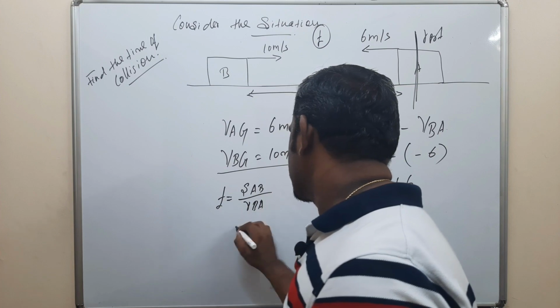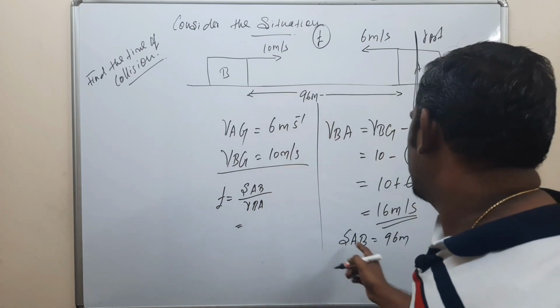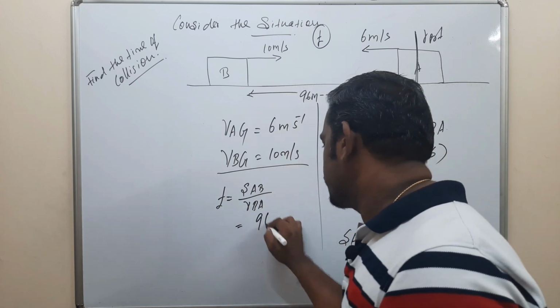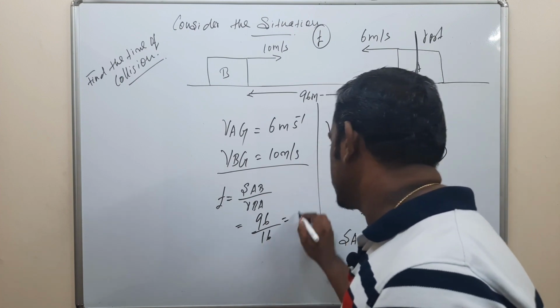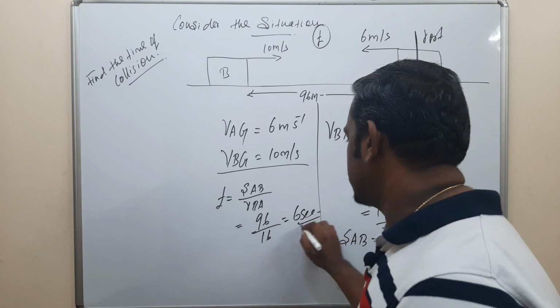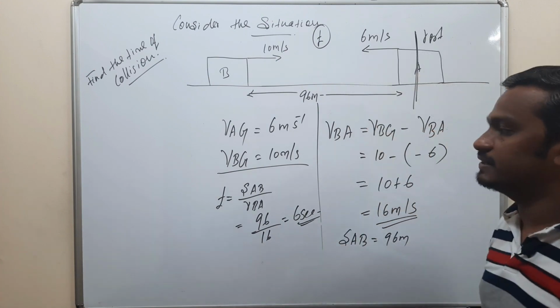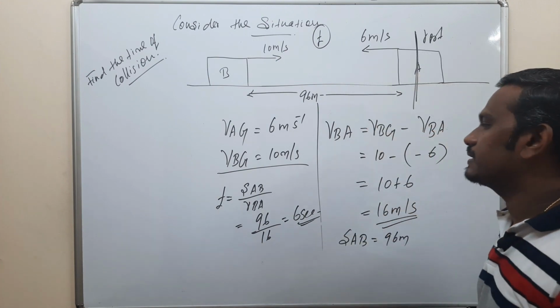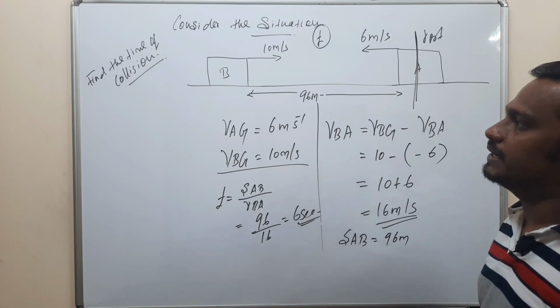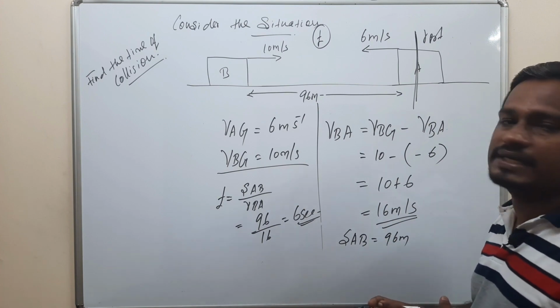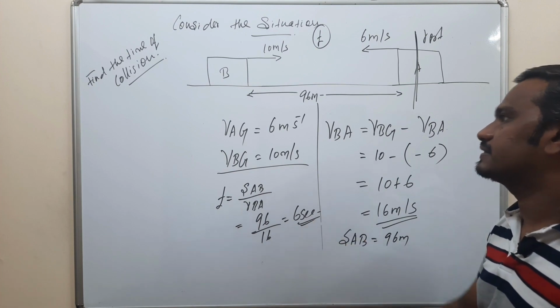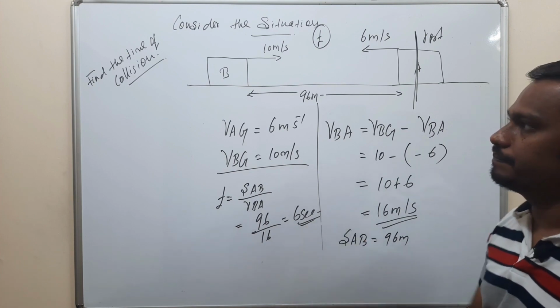So that's equal to 96 by 16, which is equal to 6 seconds. So we get the same answer as in the previous method, that is 6 seconds. So the time taken for the two cars to collide with each other is 6 seconds.